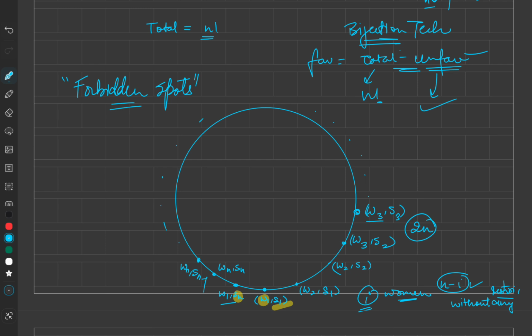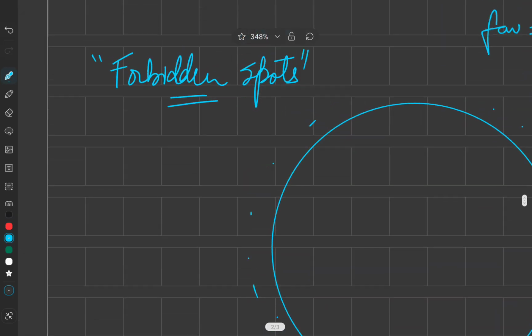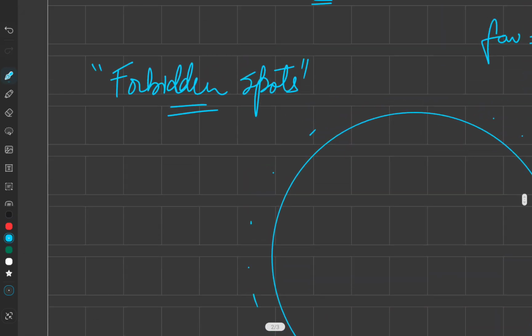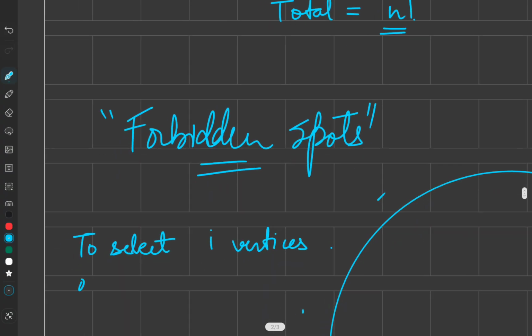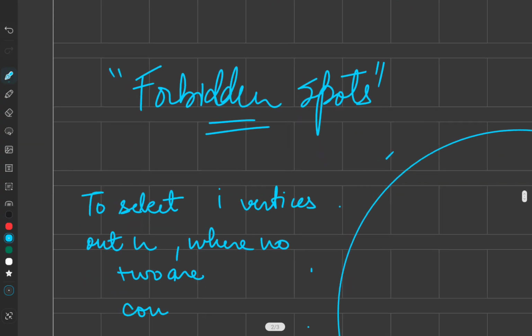So now we have to use another formula, to select i vertices out of n where no two are consecutive.